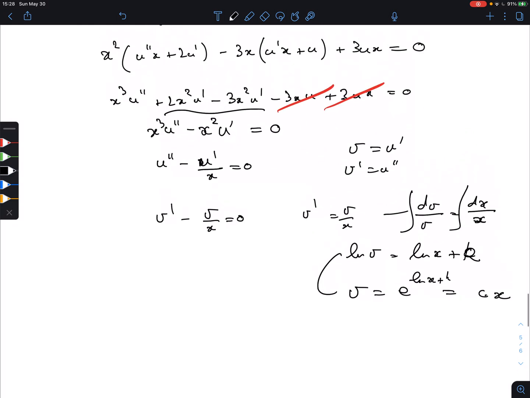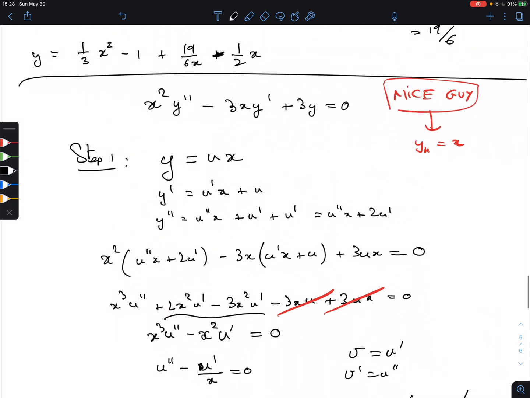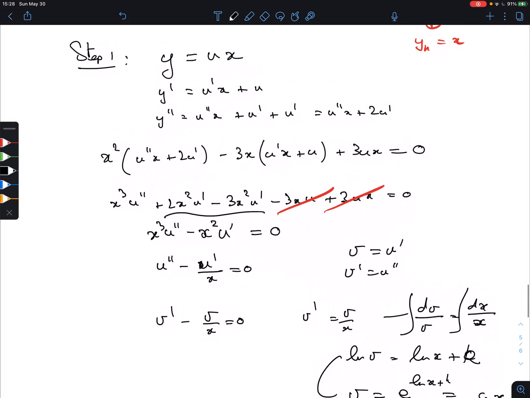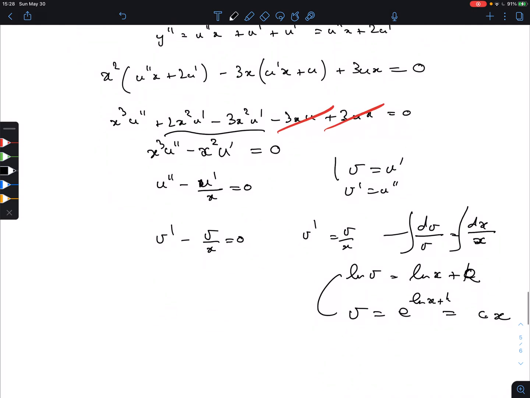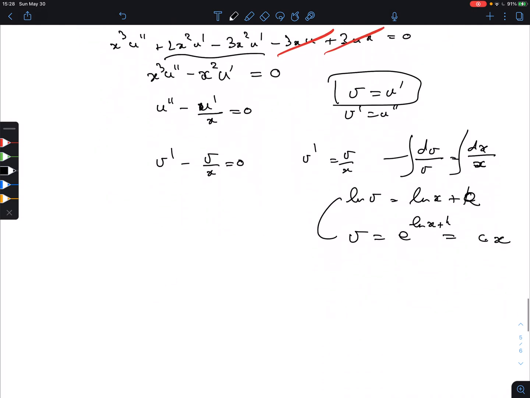So what do we do now? Well, we go back to where v came from. V came from u prime. So v is cx, so this means that u prime is cx. Then u is the integral of cx dx, that is cx squared over 2 plus a new constant d.